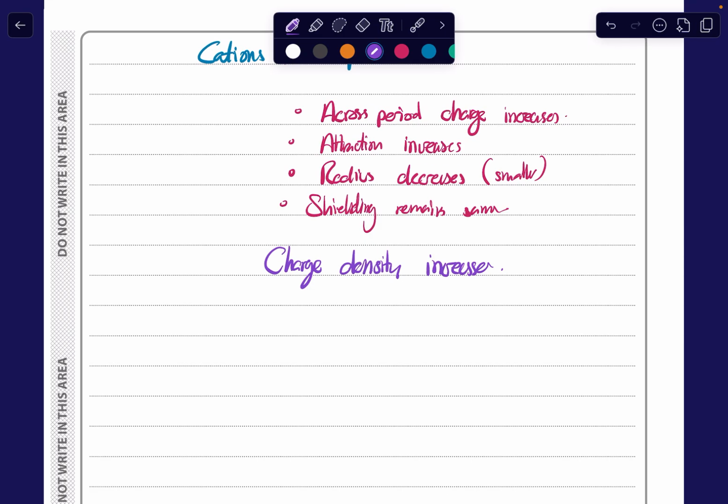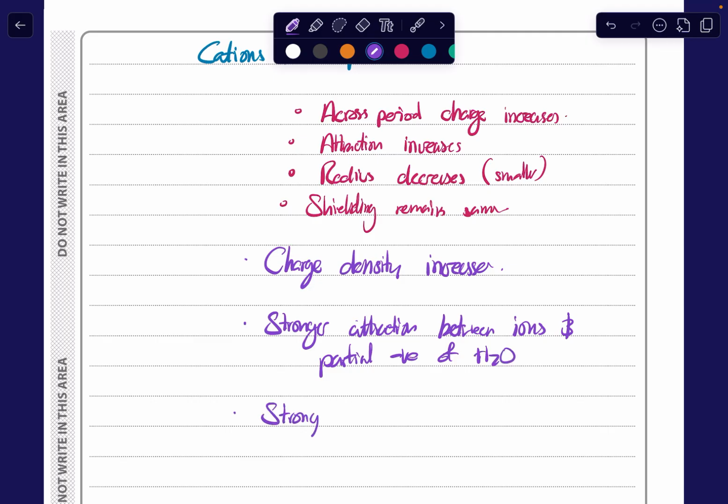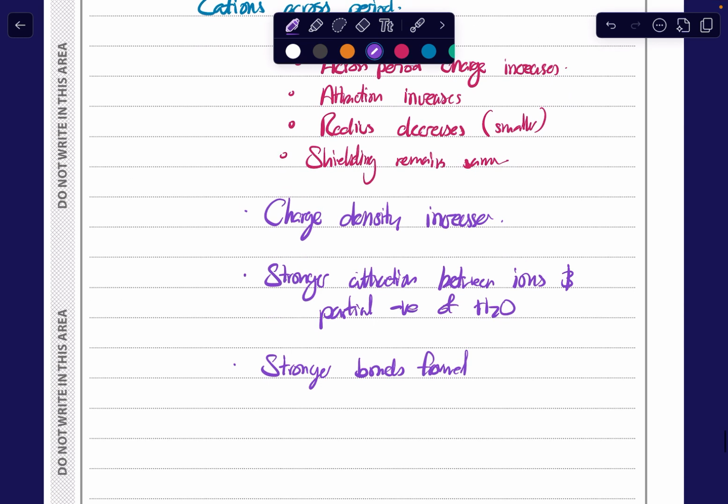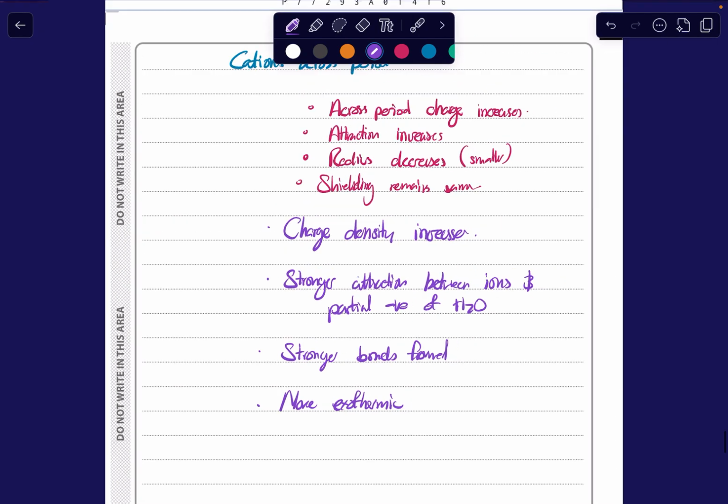If the charge density increases, this means stronger attraction between ions and the partial negative of water, which means stronger bonds formed. And if the bonds are stronger, it's going to be more exothermic. What a terribly difficult question for you guys to get. So it becomes more exothermic.